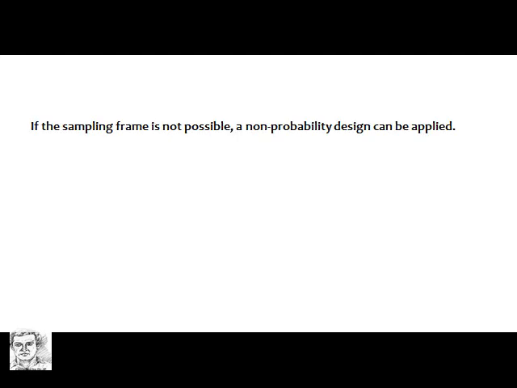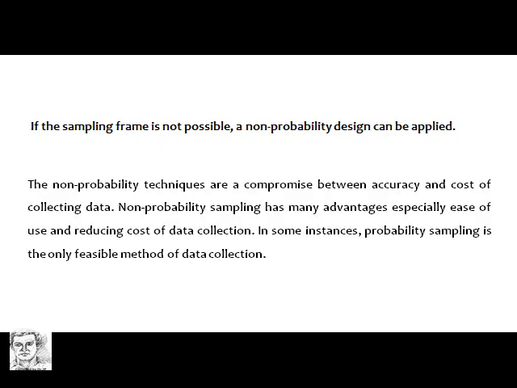If the sampling frame is not possible, a non-probability design can be applied. The non-probability techniques are a compromise between accuracy and cost of collecting data. Non-probability sampling has many advantages, especially ease of use and reducing cost of data collection. In some instances, non-probability sampling is the only feasible method of data collection.